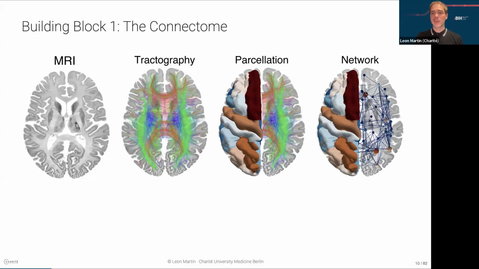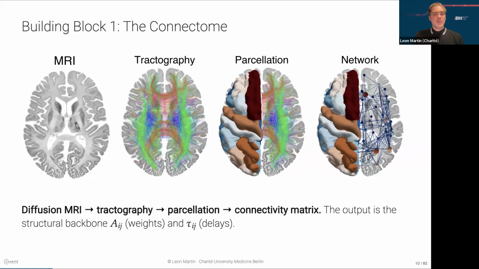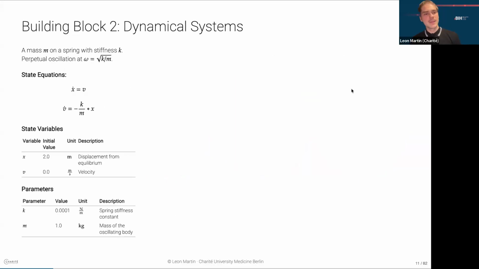And so then here we can also directly derive the topology of the network with the hubs and clusters. And the output is then the structural backbone of the simulation, which is the matrix region by region, weights and delays. The second building block is the dynamical system we place into each node.